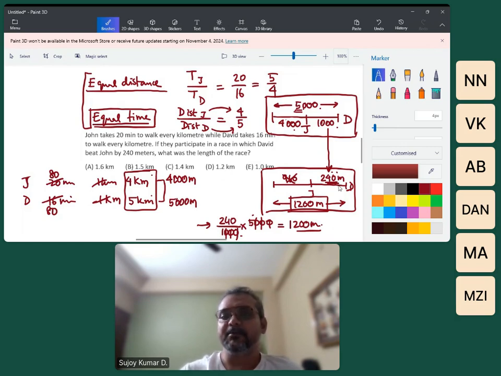I'm sure those who tried out with equations, it would have taken a lot of time to set up the equation first. Setting up becomes a little challenging sometimes, and then we have to again solve it. But if you are clear with your concepts in ratios, then you will find that questions can be solved much faster, especially in this arithmetic part. All right. I think we can move on to another one.